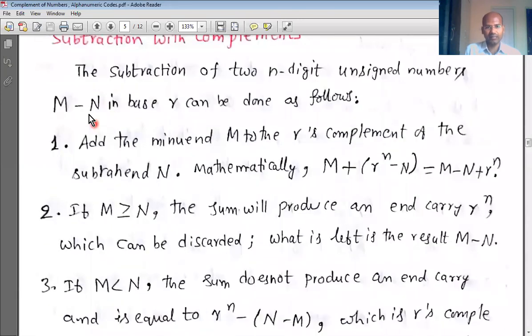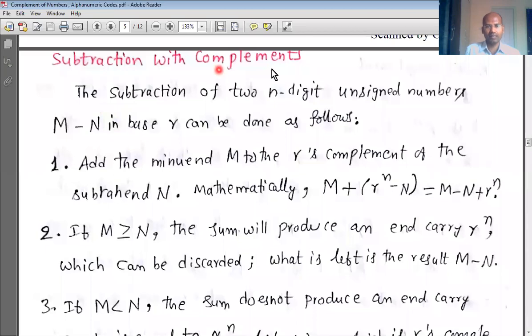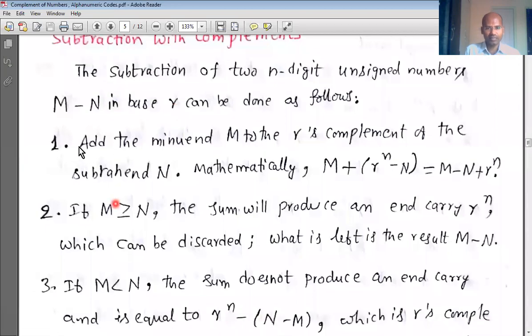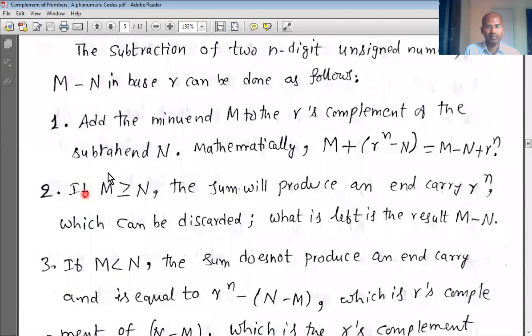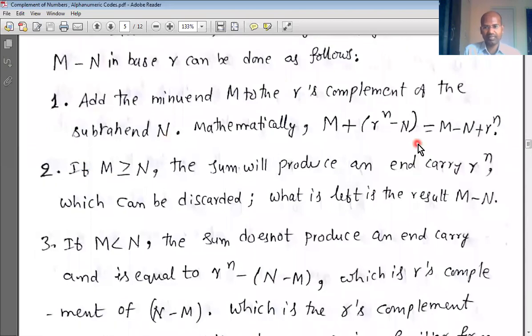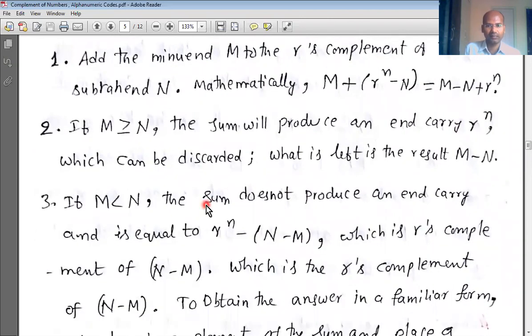This subtraction process using complements is divided into 3 steps. And you don't need to understand the steps. They are generalized steps. If you understand the method and can get the answer without any doubt, you can skip these generalized things completely.